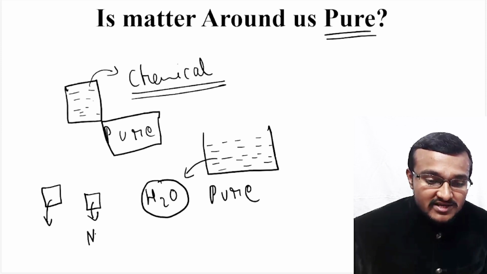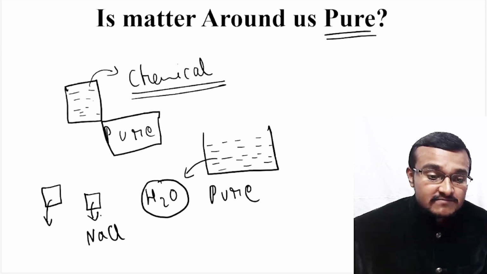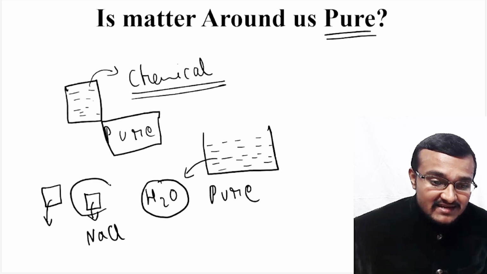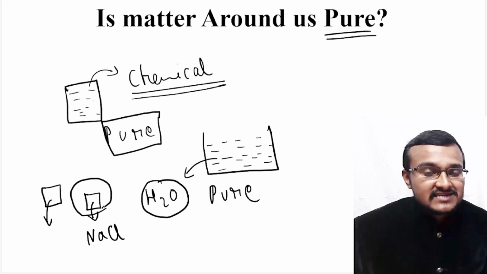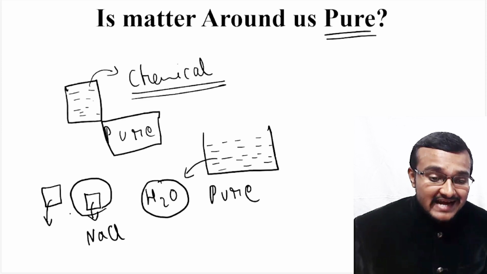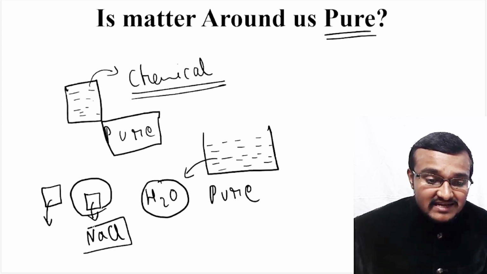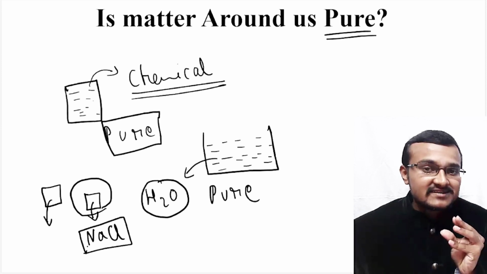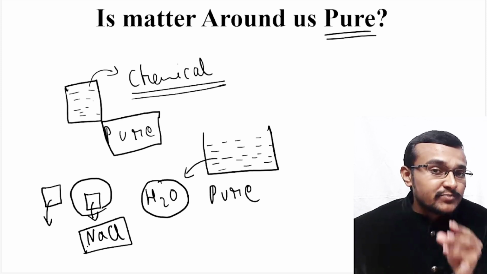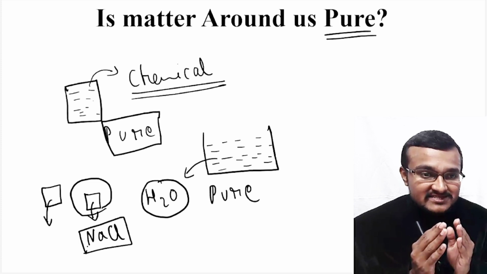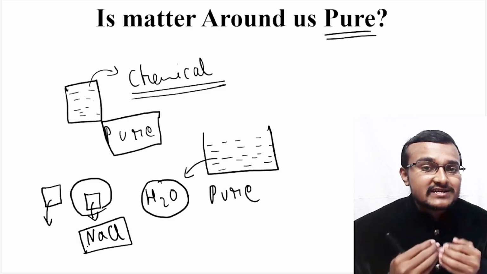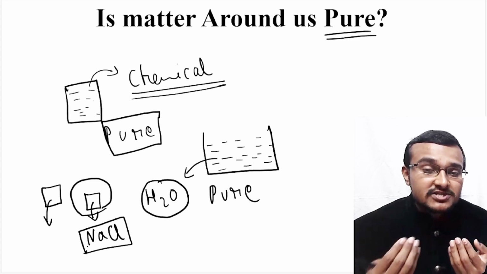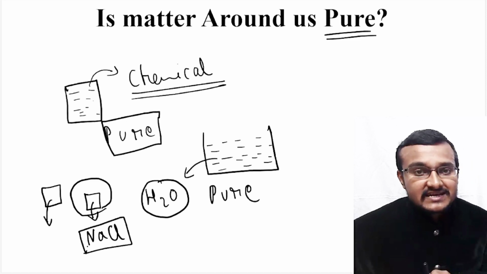So let's say this crystal is NaCl. This entire crystal contains NaCl as its chemical compound everywhere, so it doesn't contain any other chemical compound other than NaCl. That NaCl crystal will be known as pure, because it doesn't contain any other chemical elements or compounds present in between this NaCl.